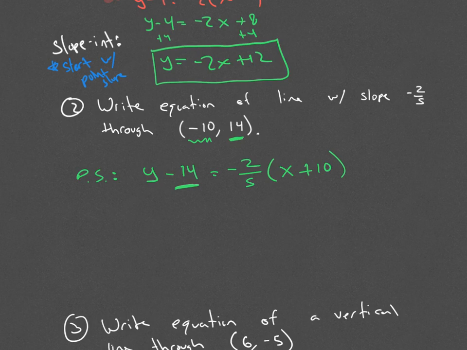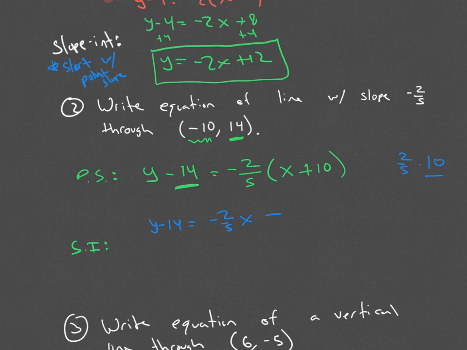If we wanted to convert it to slope-intercept, once again, you just distribute and solve for y. So we would then have y minus 14 equals, distributing, negative 2/5 x, and this is going to be minus 2/5 times 10.